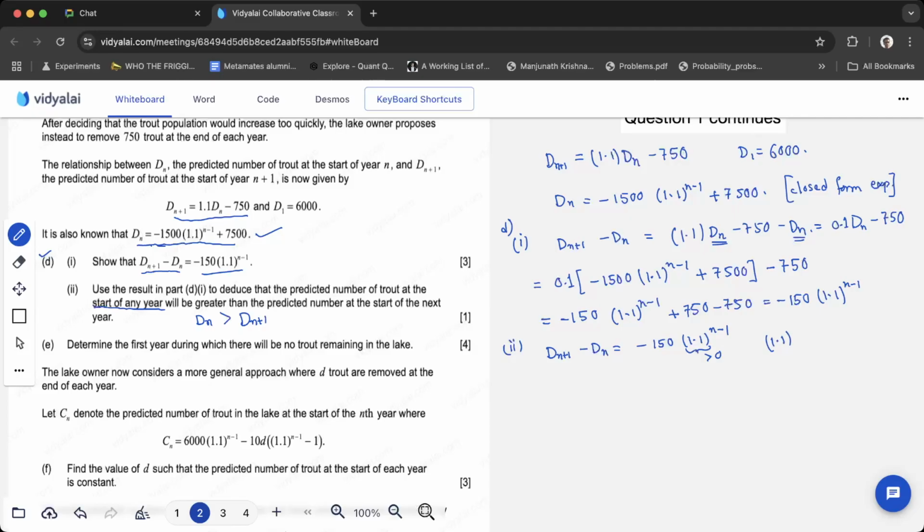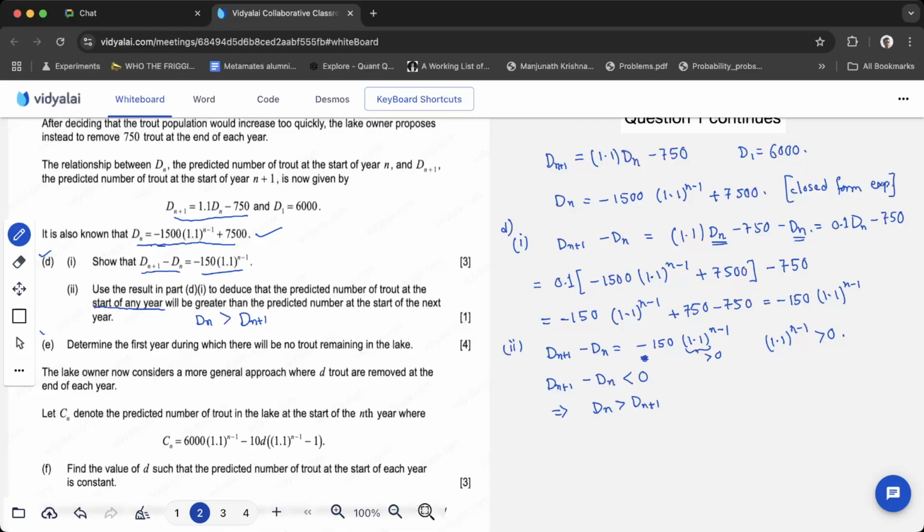So 1.1 to the power n minus 1 is positive. And hence dn plus 1 minus dn, since it comes with a negative sign in front, is a negative number, which implies that dn is greater than dn plus 1. So at every year, the population actually decreases.